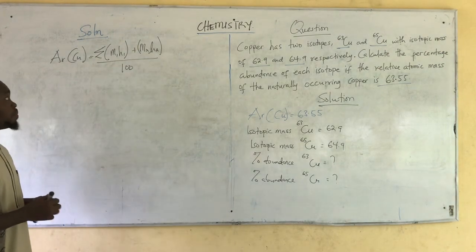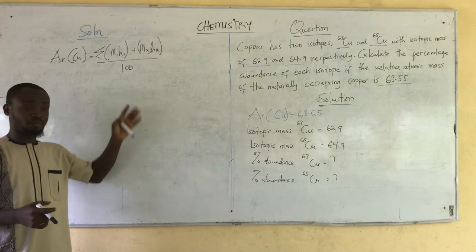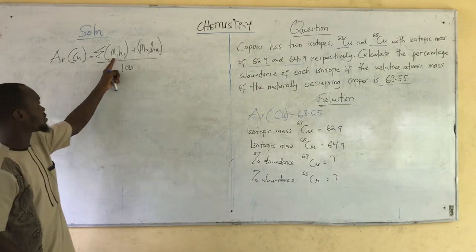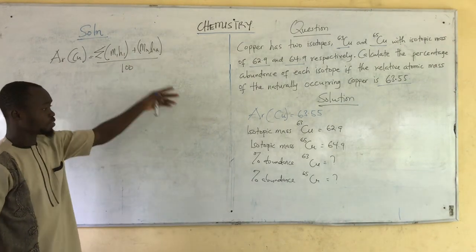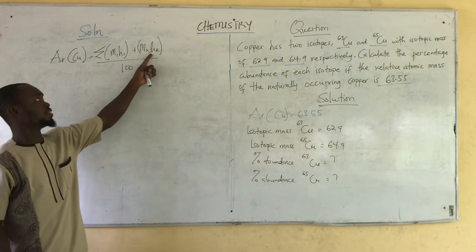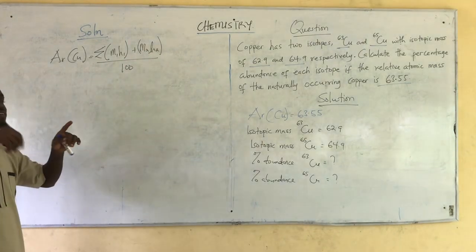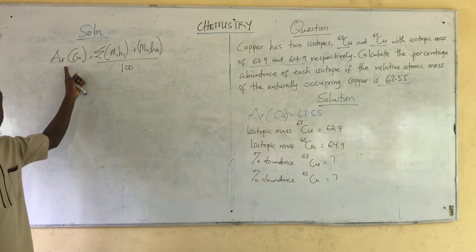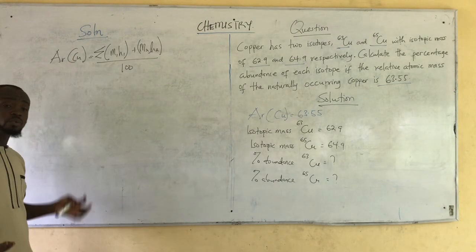So we are using percentage abundance, so all divided by 100. Is that okay? But we know the mass of each of the isotopes stated here, the isotopic masses, but we don't know the abundance. And also we were given the relative atomic mass of the element. So how do we go about it?